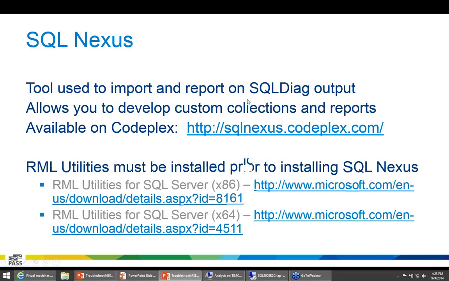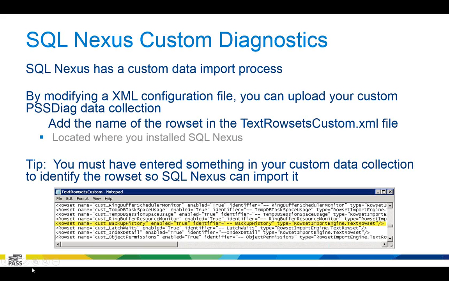Whenever we created that PSS Diag through Diag Manager, when we went to custom diagnostics, in those SQL files, there's a dash and whatever we wanted to name it. Here on my identifier, here's the one that we created for backup history. I have dash backup history. I have a number of other ones as well. I added this to that text row sets custom file.